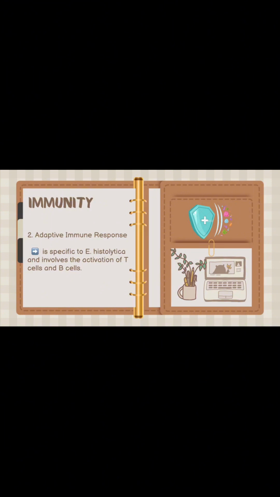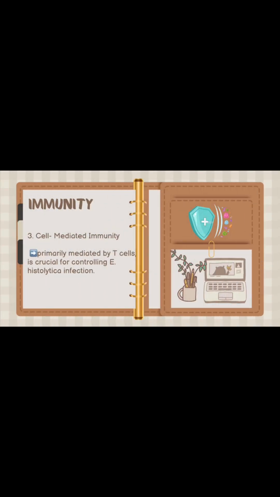The second one is the adaptive immune response. The adaptive immune response is specific to Entamoeba histolytica and involves the activation of the T cells and the B cells.